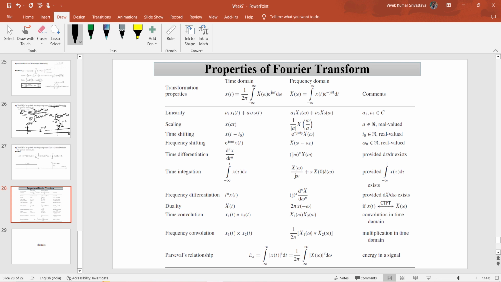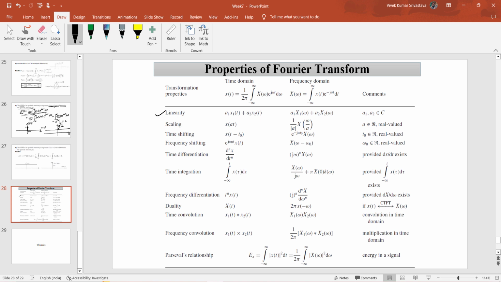So now moving ahead, here are some of the properties of the Fourier transform. We will use these properties to solve numericals, which we will see in the upcoming lectures. Today we will just see this property. The first property is the linearity property.